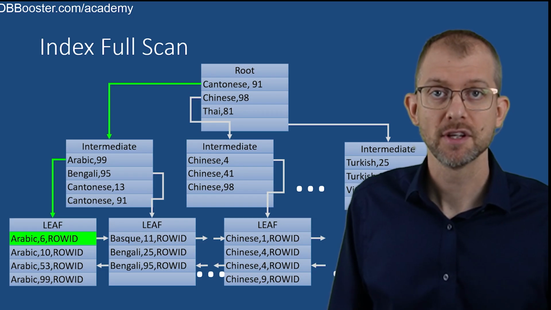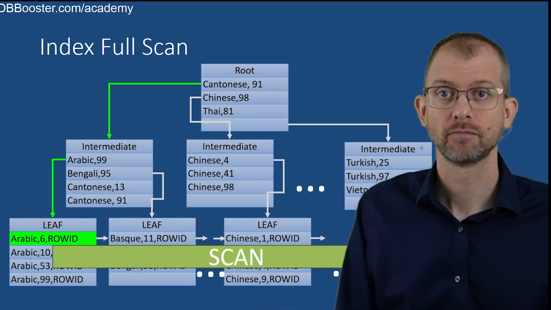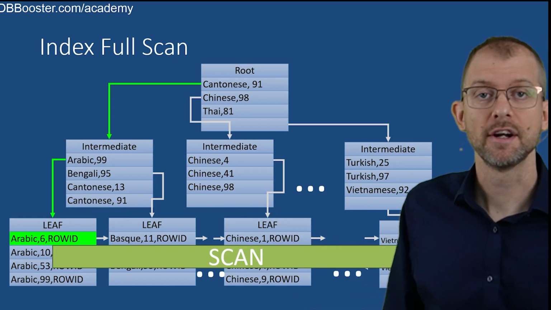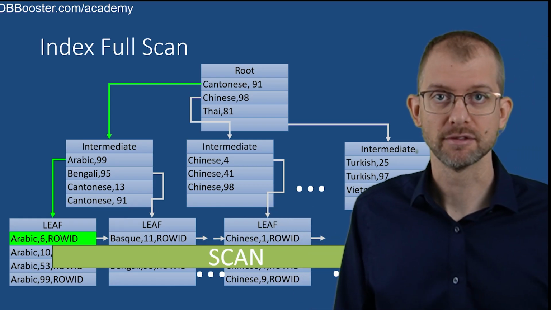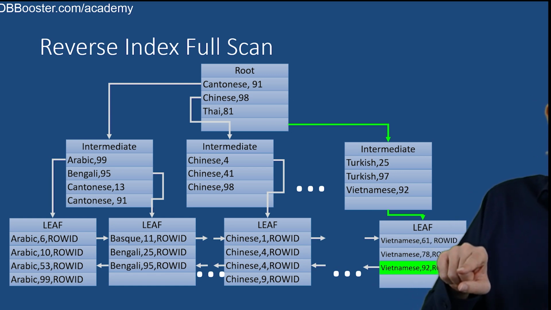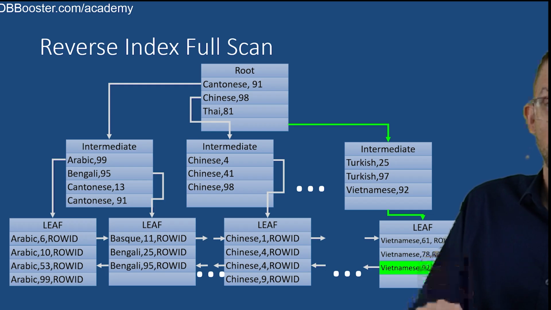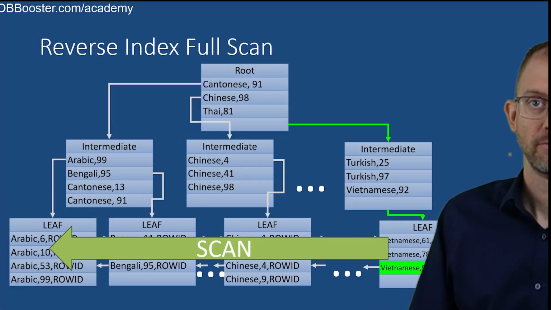The scan phase follows, reading all needed rows. There is also a reverse version that starts at the highest value, the last entry in the rightmost leaf, and reads backwards.